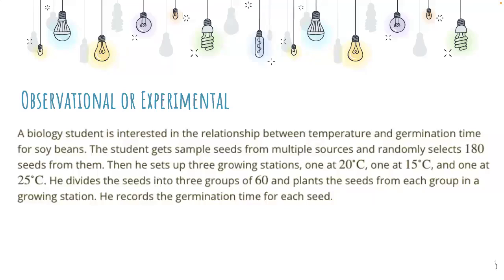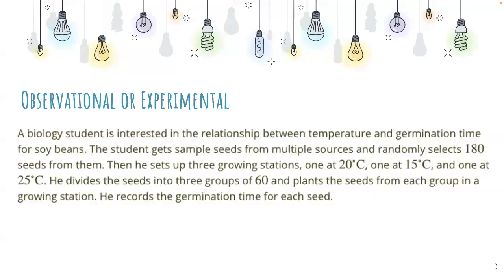Then he sets up 3 growing stations, one at 20 degrees Celsius, one at 15 degrees Celsius, and one at 25 degrees Celsius. He divides the seeds into 3 groups of 60 and plants the seeds from each group in a growing station. At the end, he's going to record the germination time for each of the seeds.